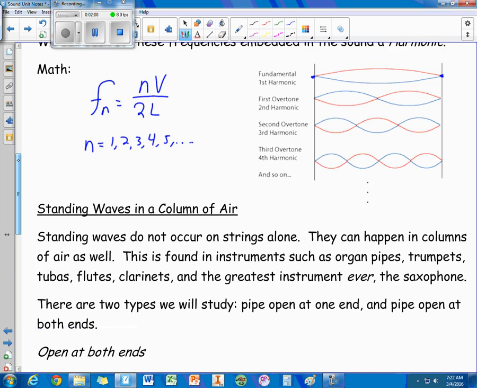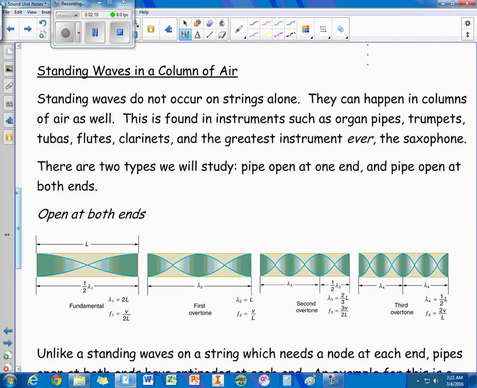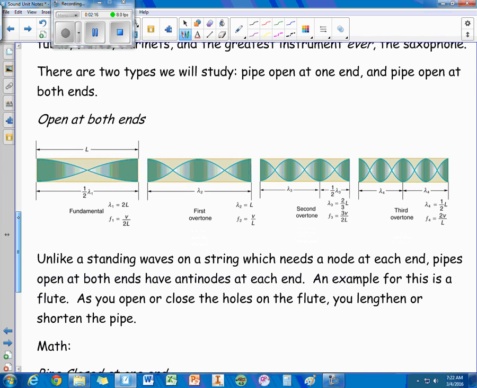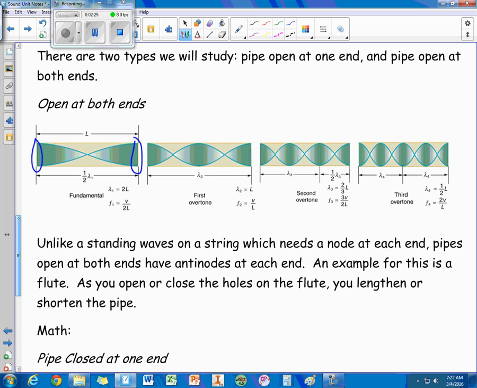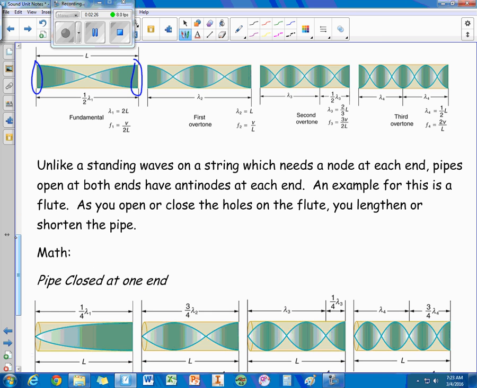In a column of air, such as a wind instrument, we can have standing waves as well. Now, for a standing wave open at both ends, notice that we have to have antinodes at each end. So for this, it really doesn't change a whole lot.